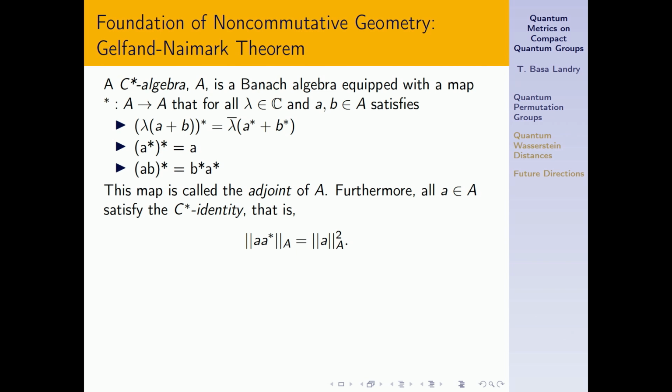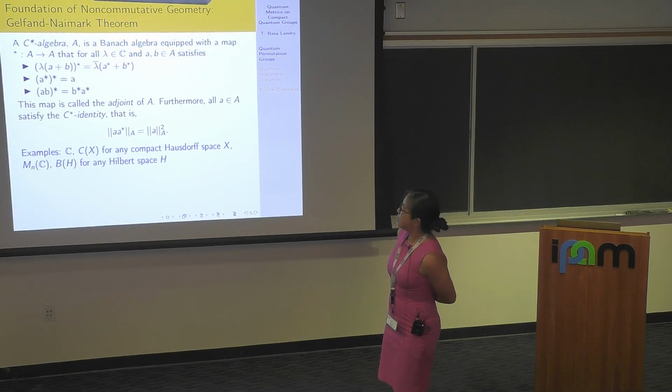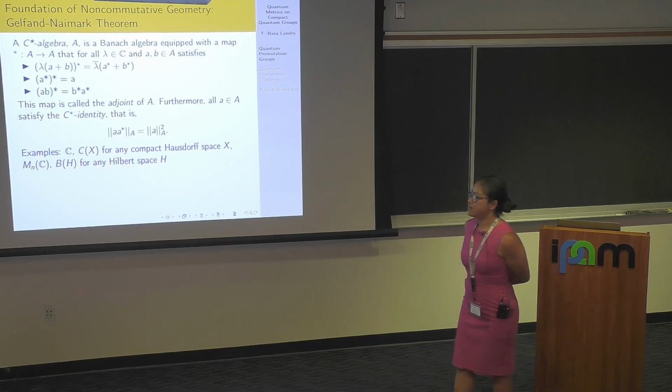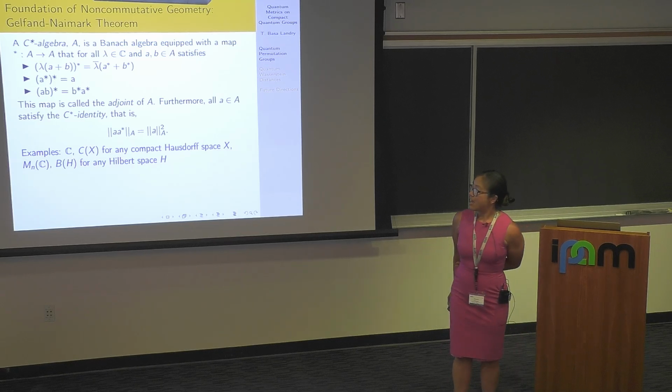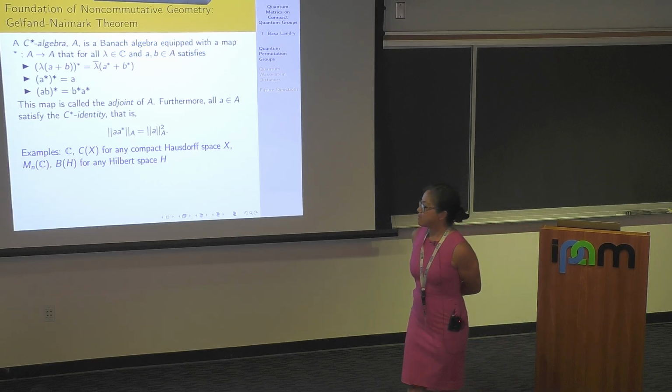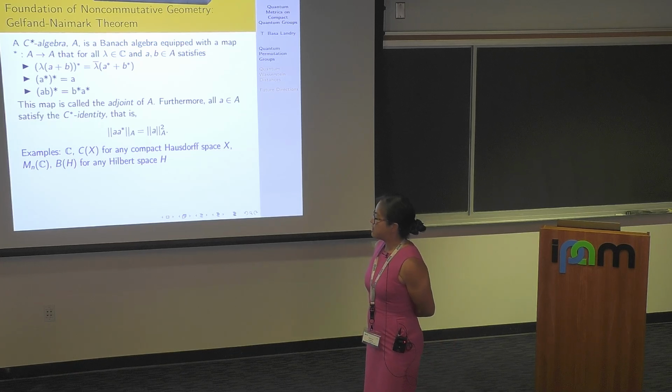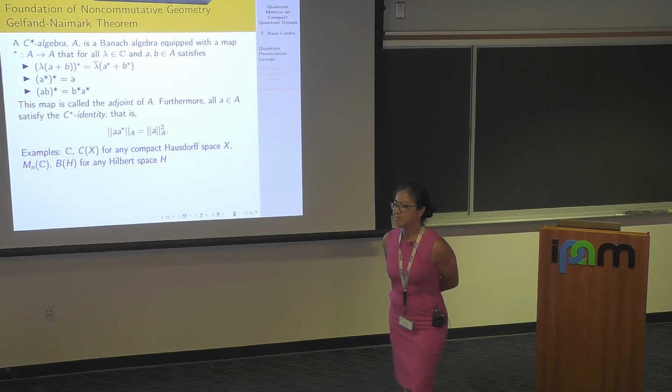It is conjugate linear, involutive, anti-multiplicative, and most importantly, the star operation is encoded in the norm. Some foundational examples include C of X for any compact Hausdorff space, complex-valued matrices, and B of H for any Hilbert space.